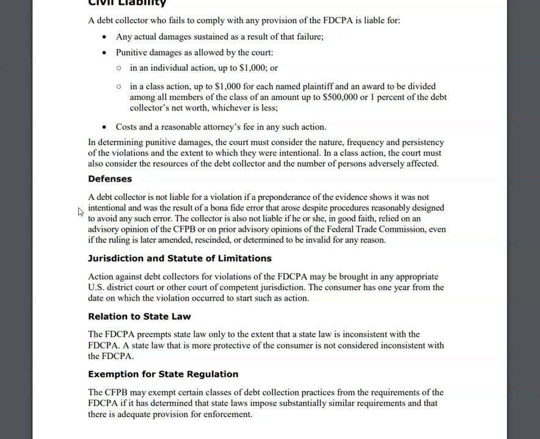The collector is also not liable if he or she, in good faith, relied on an advisory opinion of the CFPB or on prior advisory opinions of the FTC, Federal Trade Commission, even if the ruling is later amended, rescinded, or determined to be invalid for any reason.